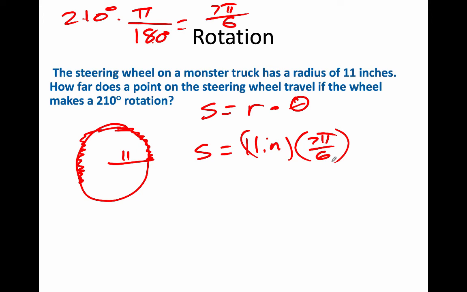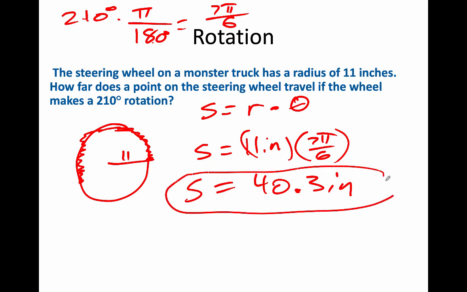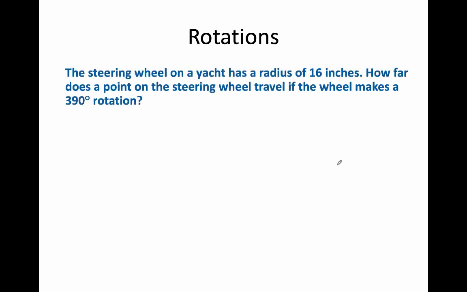Then I'm going to multiply that times 11, and I get 40.3 inches. So that means it's traveling 40.3 inches. We can find how far a point around a circle travels by doing radius times radians.